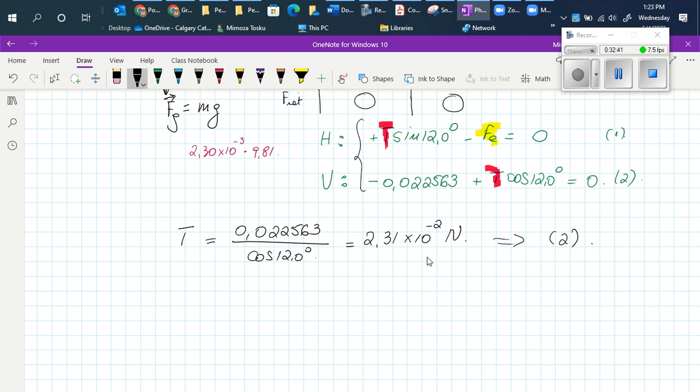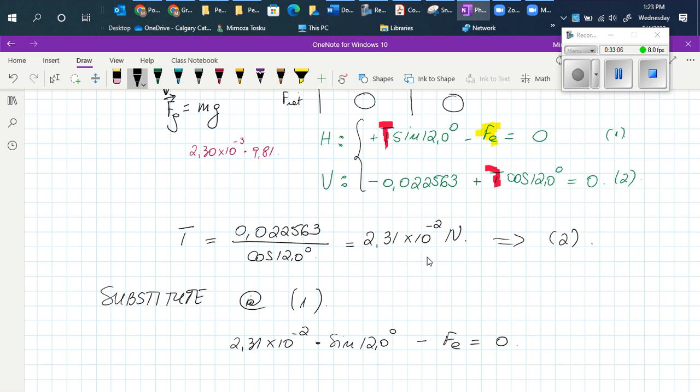And then let's substitute this value into equation 1. Then we will have 2.31 times 10 to the power of negative 2 times sine 12 degrees minus Fe is equal to 0. This is the result of equation 1.